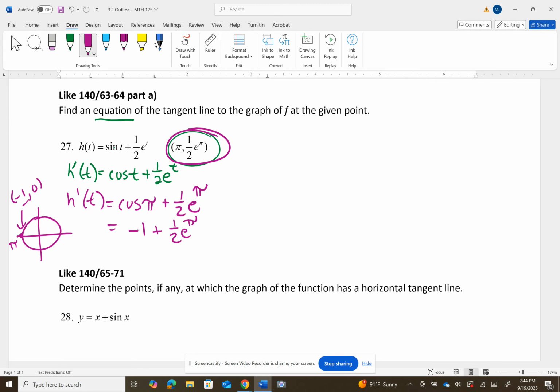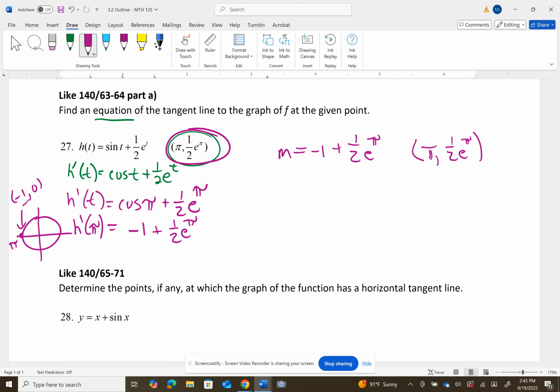So that right there is your m. Okay, so that's your slope at pi. So now you know your slope is -1 plus 1/2 e to the pi, and the point you were given was the point pi, 1/2 e to the pi.